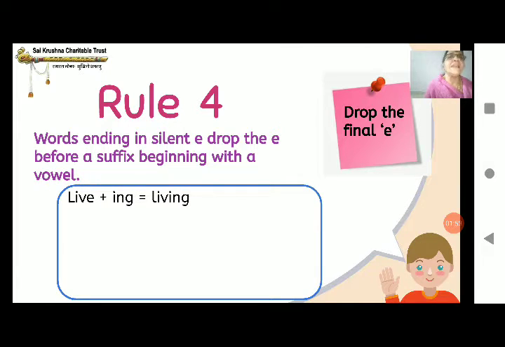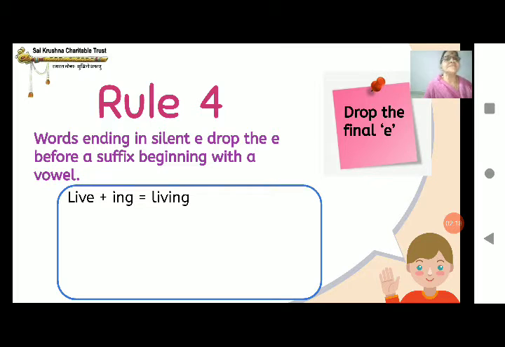Alright, so see here. Live, L-I-V-E. When I say live, you can't hear the E. If you really write as I pronounce, you will only write L-I-V. E is silent. And what is it coming before? A suffix. What is the suffix here?